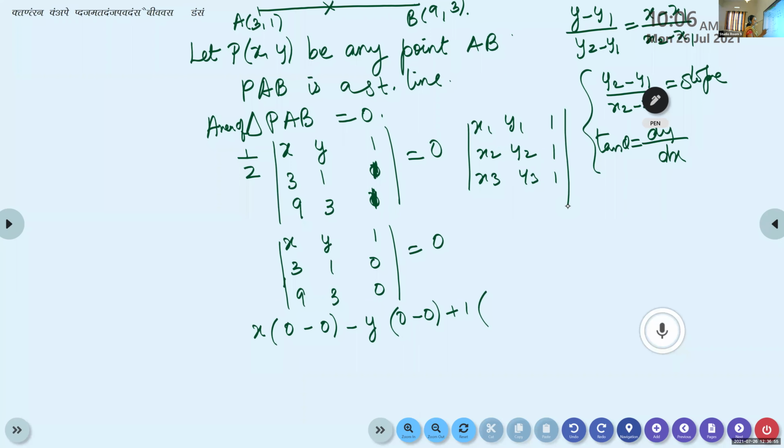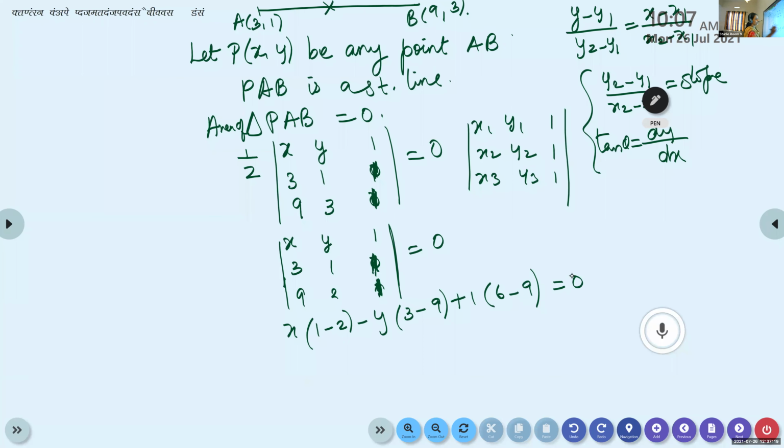This is the formula. Here we have to write 1 everywhere in the last column. So now expand it: x into (1 minus 3) minus y into (3 minus 9), and so on. Is it clear, children? Always keep it in mind: when you find the area, one full row or one full column will be 1. Now simplify this and give the answer.